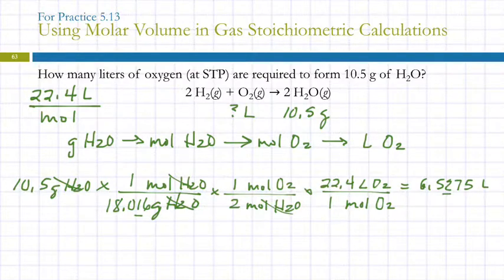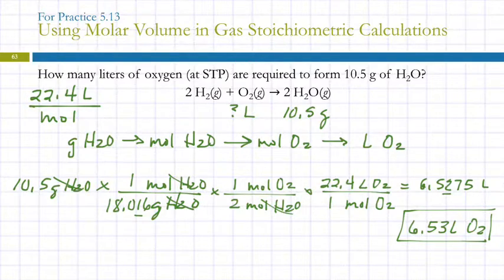So I'm getting 2.5275, and that's going to round to 2.53 liters of oxygen. Any questions? There's a huge variety of problems that can be asked.